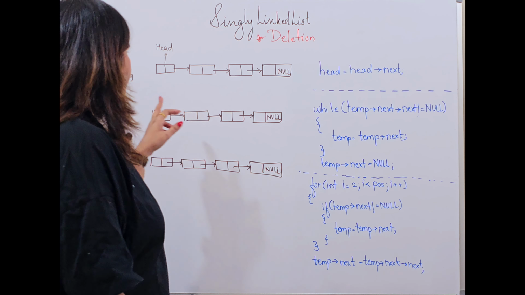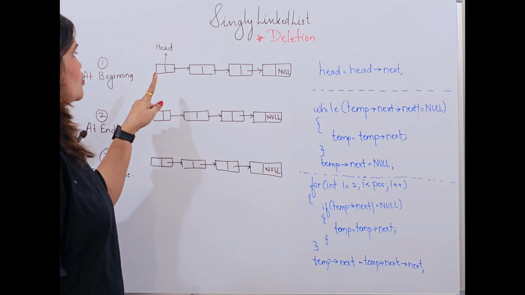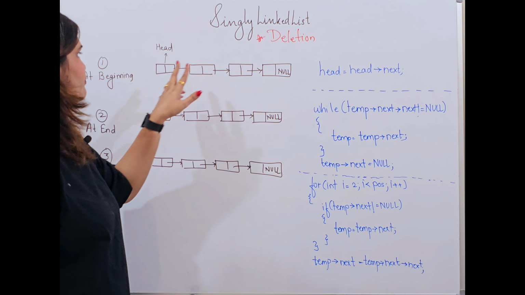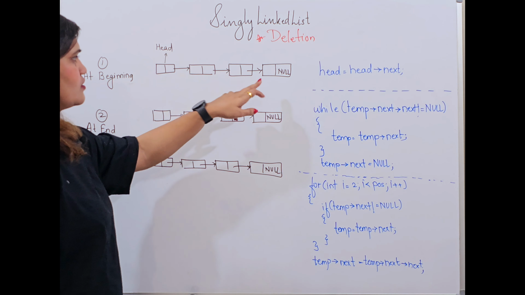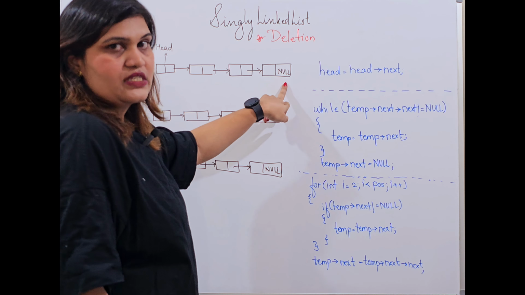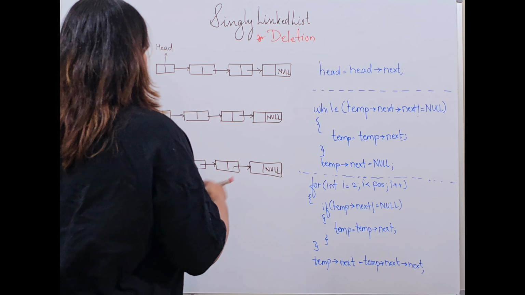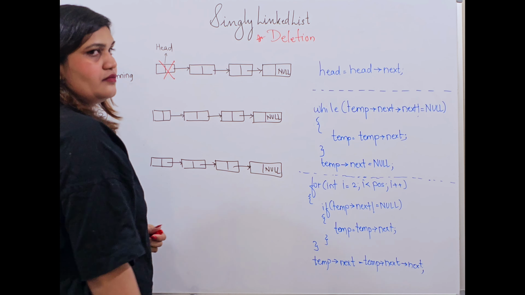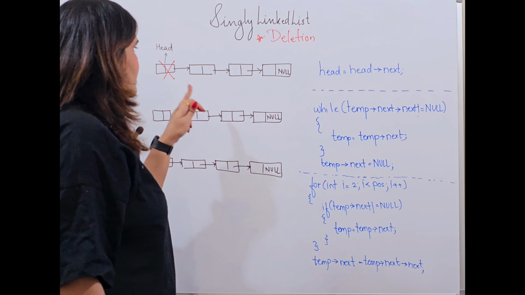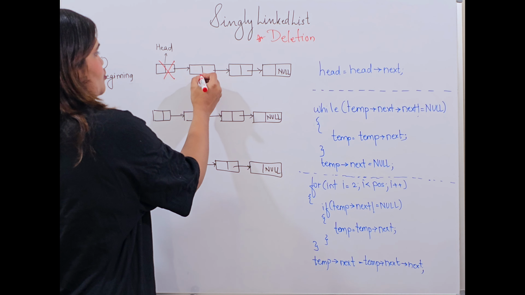So the very first is at the beginning. Suppose this is my linked list. My first node is head, and the last node's next value is null. I want to delete this element. So what should happen if I want to delete this element? The next node that is there should be your head.